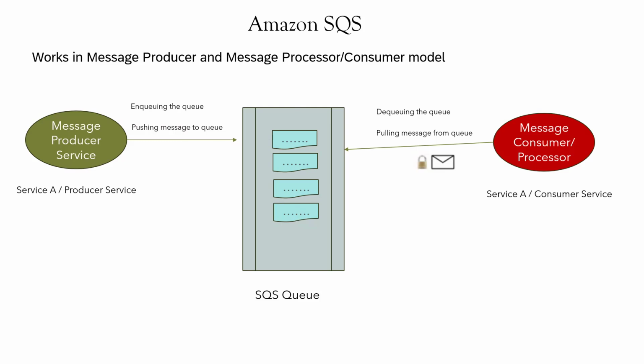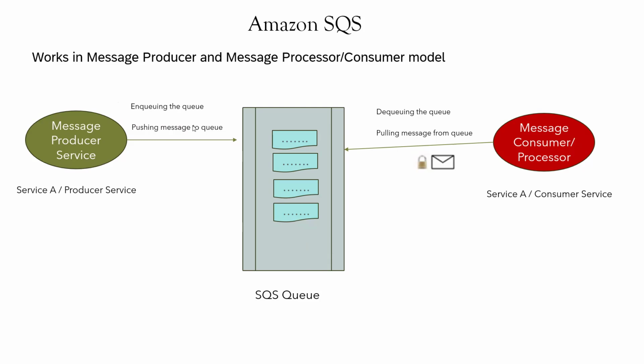Let's assume you have hosted this order collection API service in one availability zone, and the order processing API service in a different availability zone. The SQS queue is a serverless service available on the AWS console itself, and it acts as a mediator or middleware between the two different services.